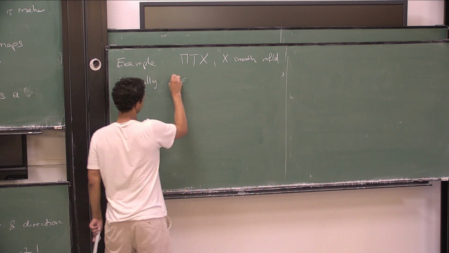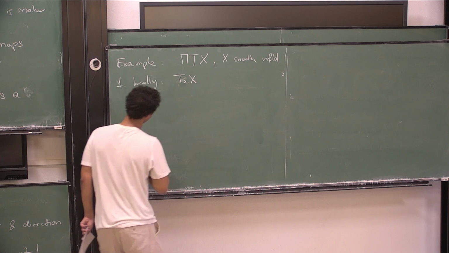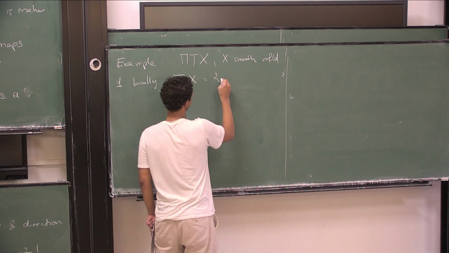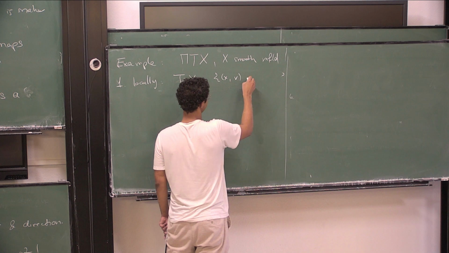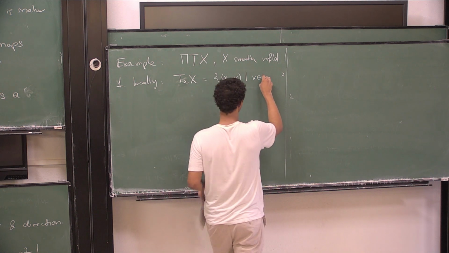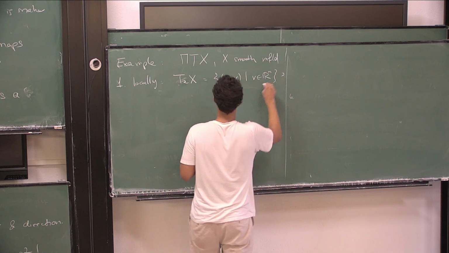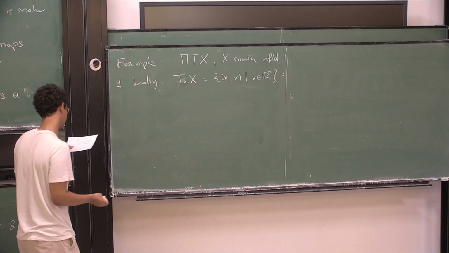Locally, if you just take the usual tangent space, this would be essentially a point and a vector, right? Let's put it in R^n, so X is, let's say, n-dimensional.